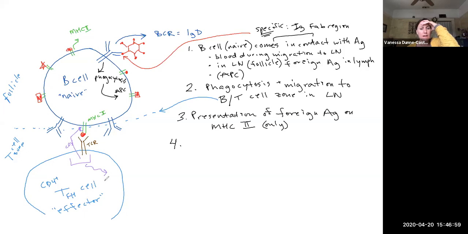And this causes the release of interleukin 4. IL-4 receptor. And interleukin 4 can then cause clonal expansion. So it turns it from a naive cell into an effector cell. So this will be clonal expansion.